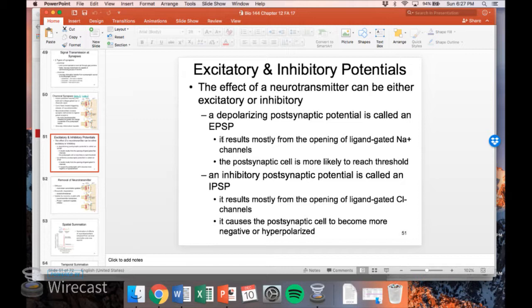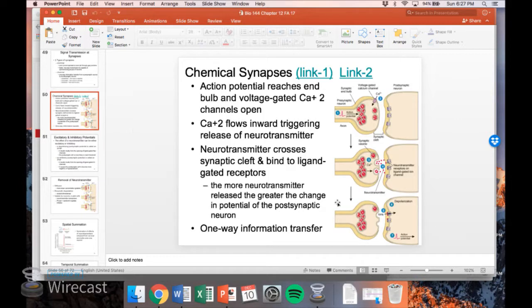It's going to make it closer to hitting an action potential. It doesn't always hit the action potential. So sometimes when we have a chemical synapse triggered, it will cause an action potential in the receiving cell. Sometimes when we trigger a chemical synapse, it's just going to make this neuron more excited. So it's going to be more likely to go into an action potential, but it's not guaranteed.